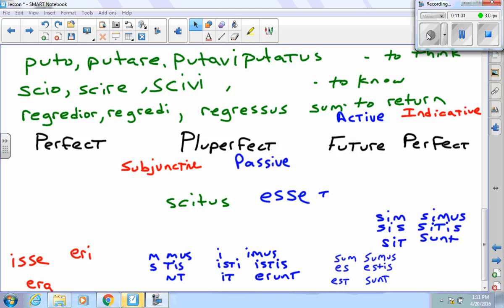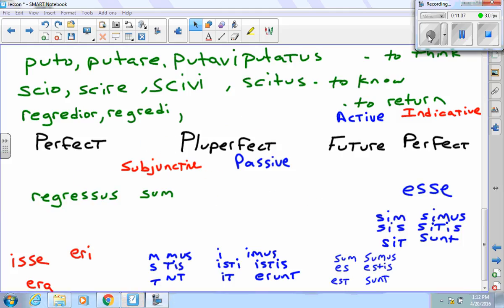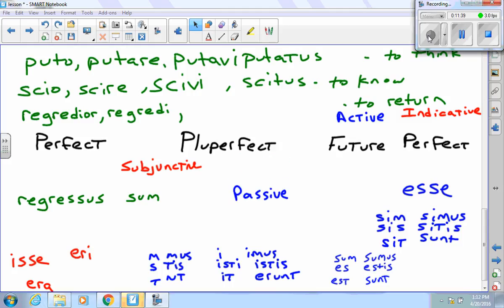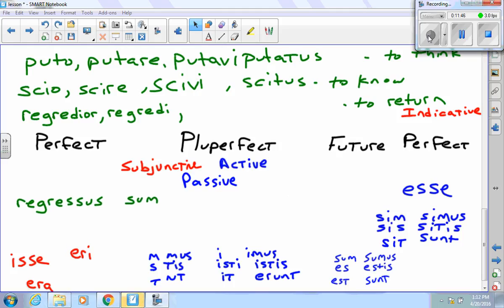I'm going to use regredior the same way. Okay, because it is deponent, I'm still going to use these passive forms, even though we decided this is going to be subjunctive, active, not passive. We're going to start off with regressus. We're going to get rid of that sum real quick, and we're going to start giving it the parts that it needs. If I want a perfect subjunctive, I'm just going to add that form sit to get my perfect subjunctive.